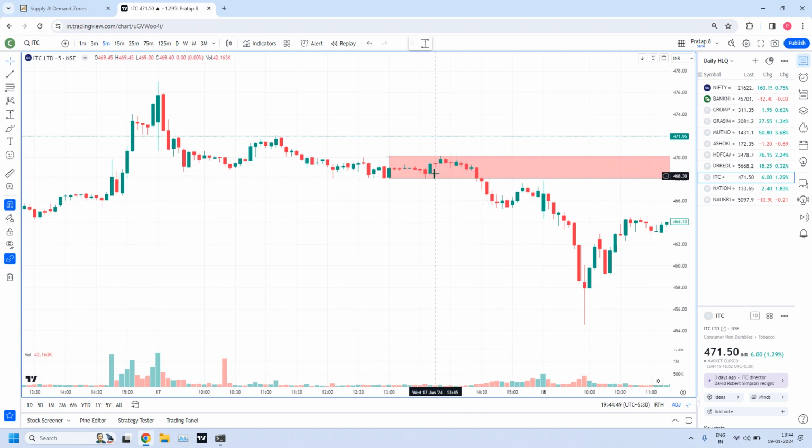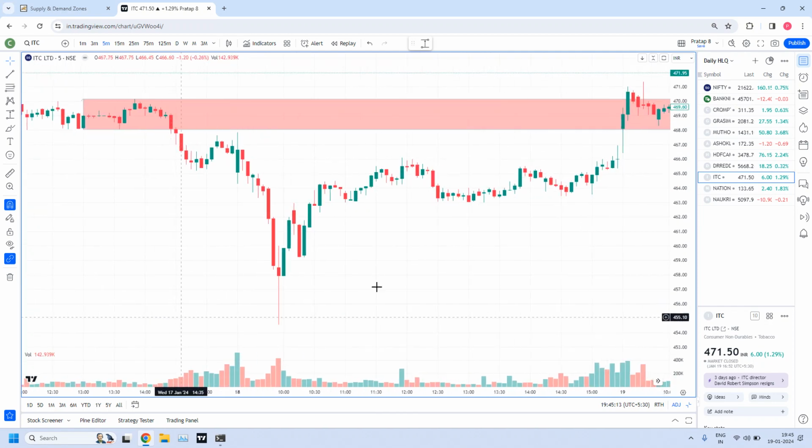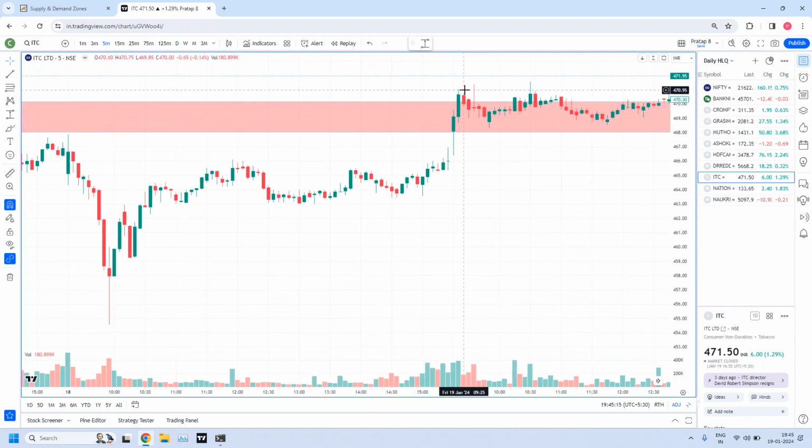And if you look into all these candles, this is the only one you can consider as a drop candle. This is the one you can consider as a rally candle. Now count the candles: 1, 2, 3, 4, 5, 6, 7, 8 base candles are there. So not really a convincing price structure. See what happened today? Easily the zone is violated.